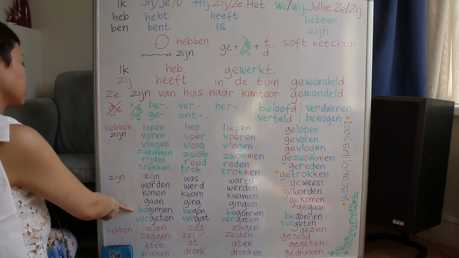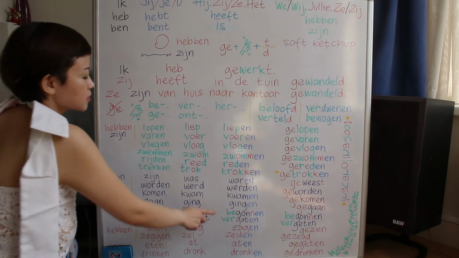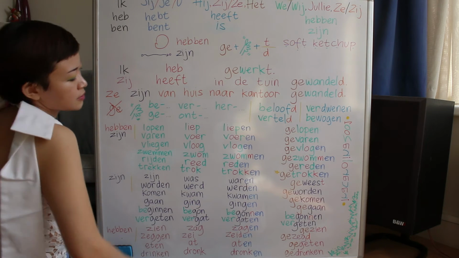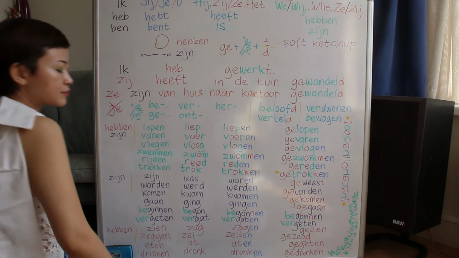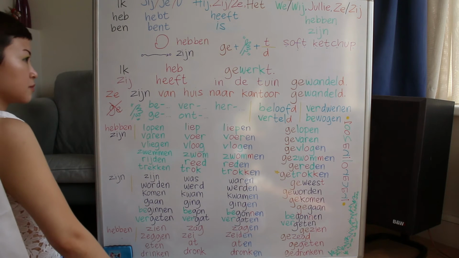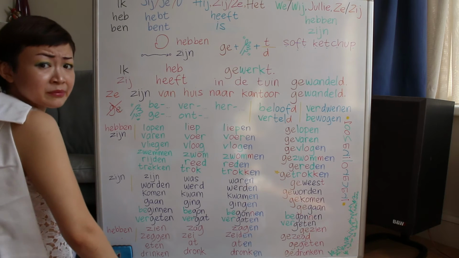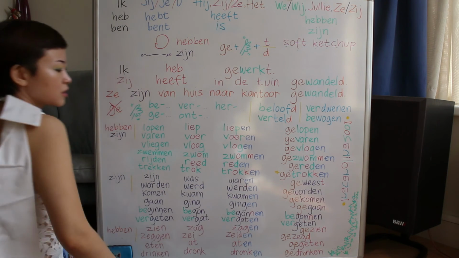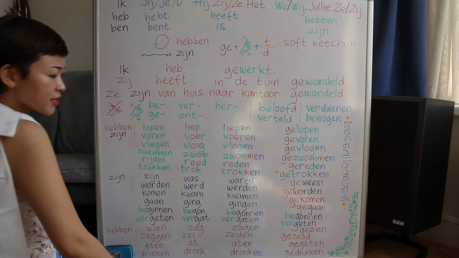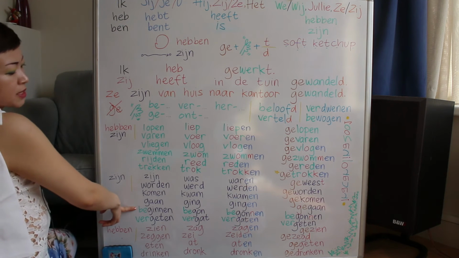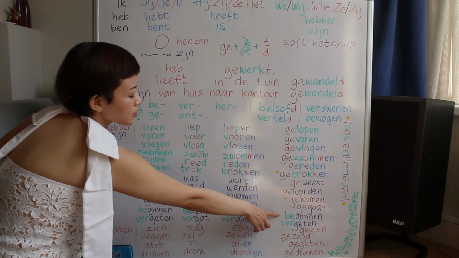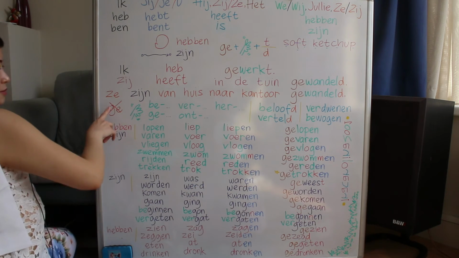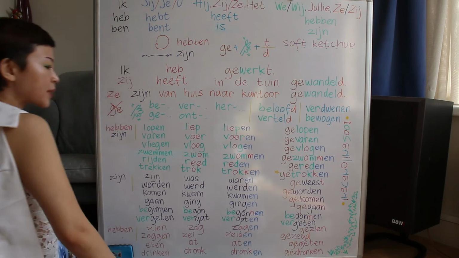Beginnen, begon, begonnen, begonnen. Begun, because begin, began, begun. We see here, it started with be, there's no ge, it's be.